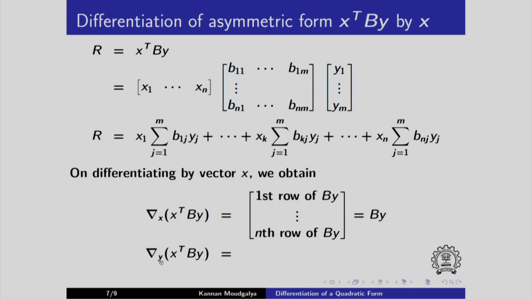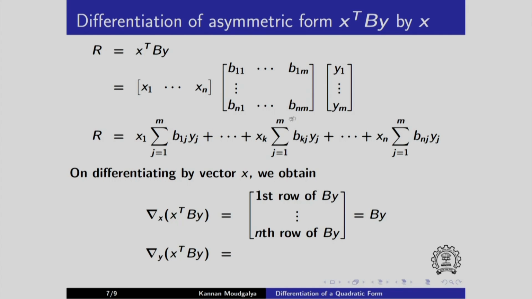What happens when you differentiate this with respect to y? All that you have to do is take a transpose of this. Notice that this is a scalar because you have a row vector here and a column vector here. When you multiply, you can see that it is a matrix of size 1 by 1.